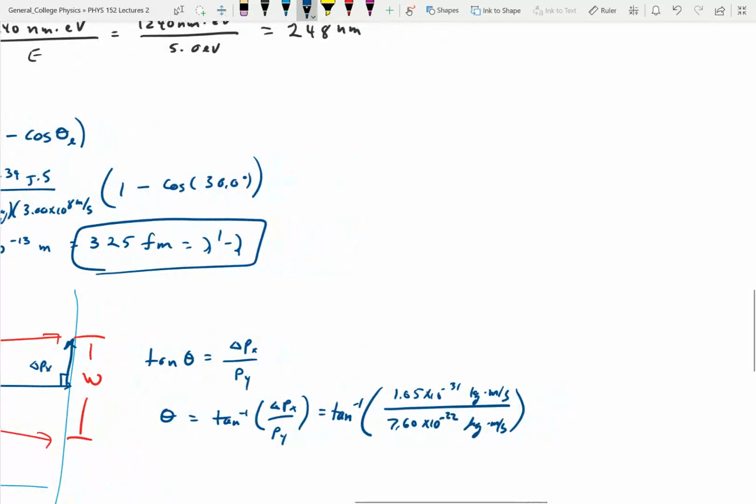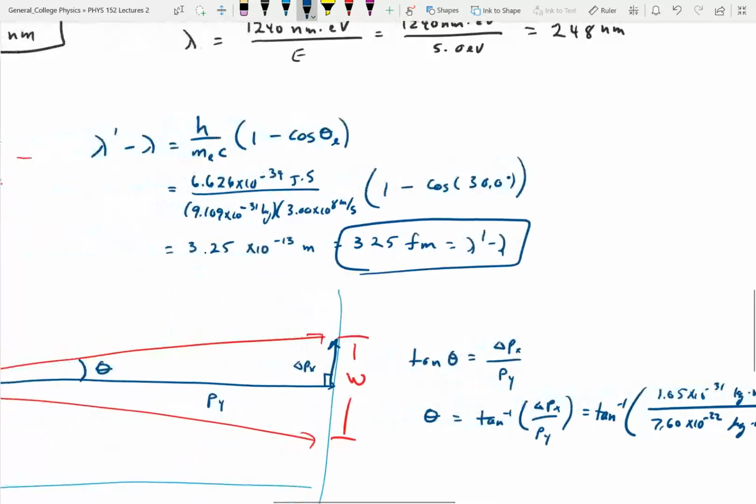That gives me an angle of, I wanted to use radians, but I'm going to use degrees, 7.95 times 10 to the minus 9 degrees. So that's the angle it makes.